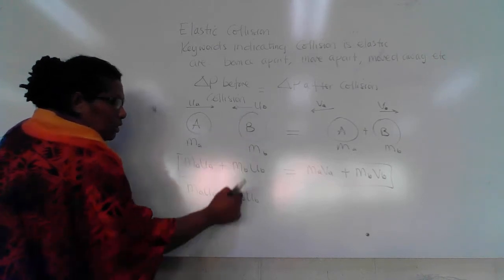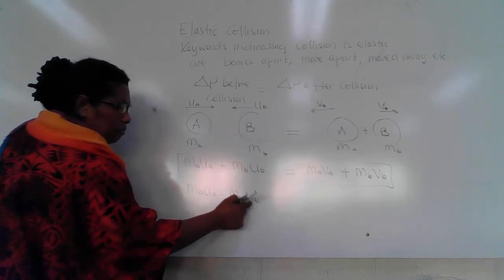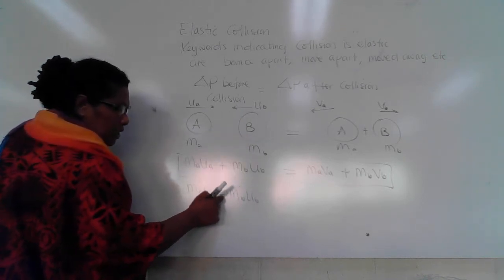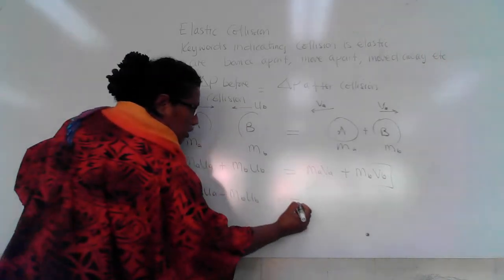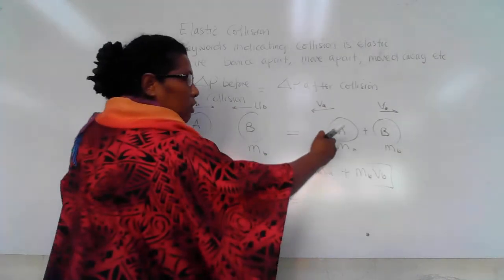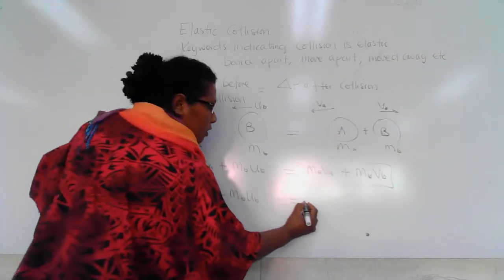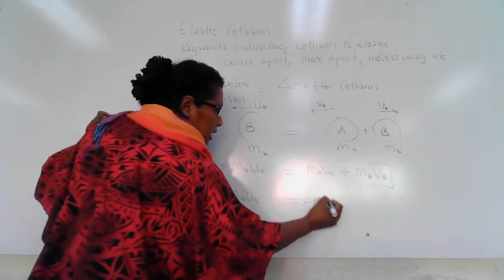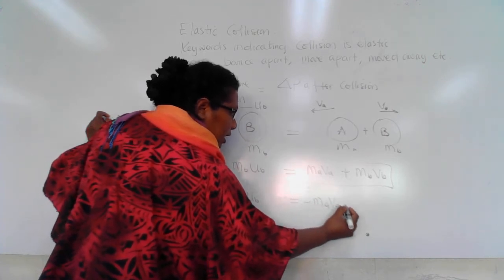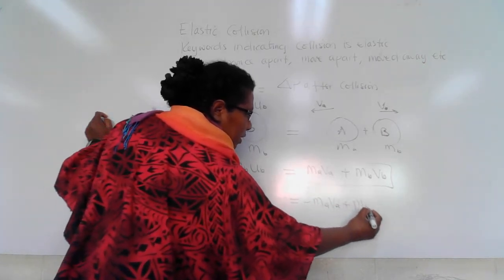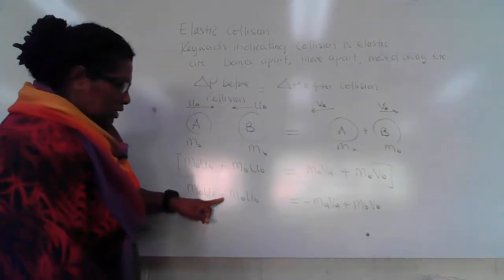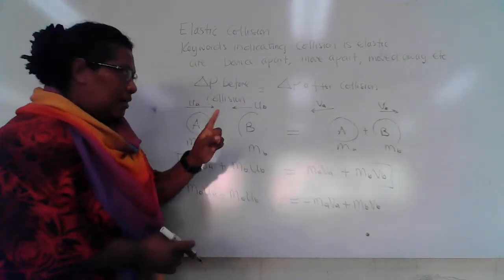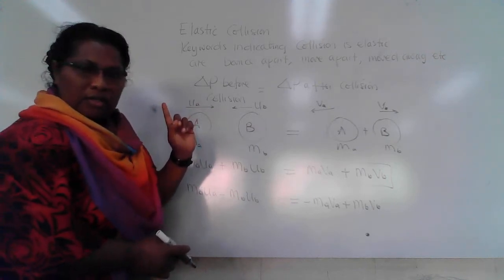And that should equal, now this time, the velocity of A is going to the left, so it will be minus mA vA plus mB vB. So these negative signs indicate the direction of the velocity.